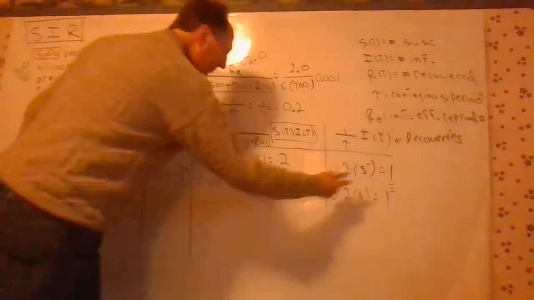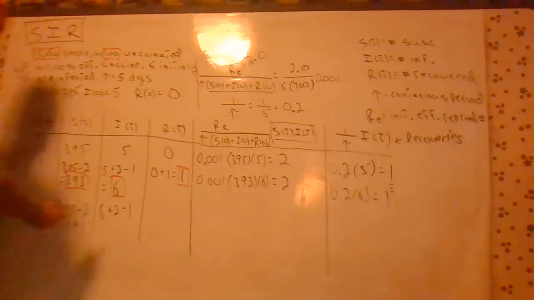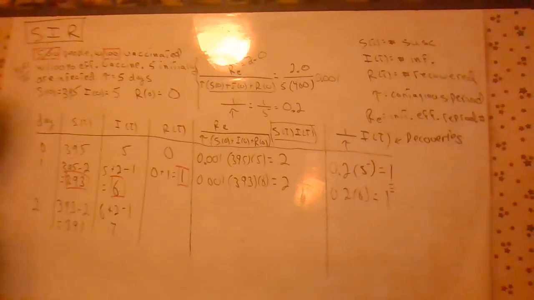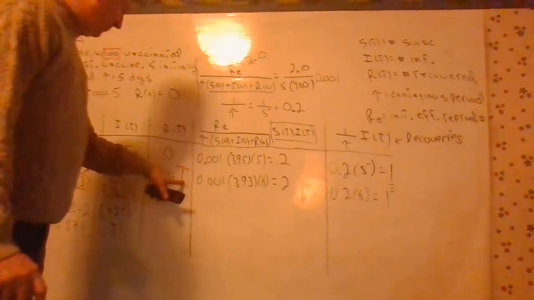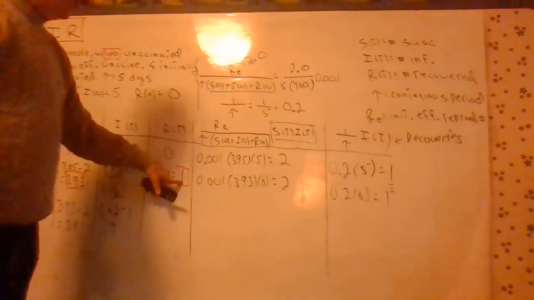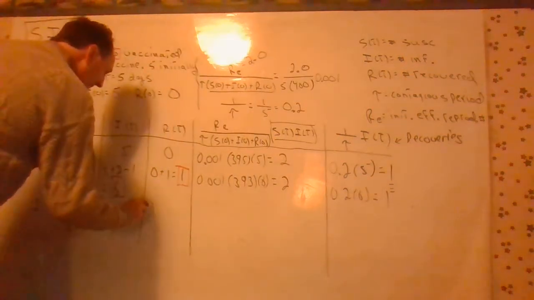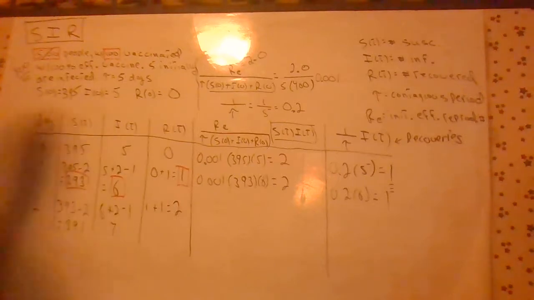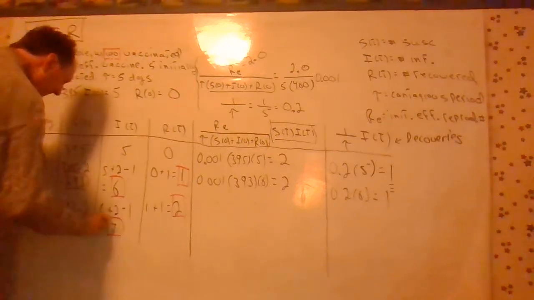It's this 2 and this 1. In the text, I draw arrows so you can see this. 6 and 2 is 8, minus 1 is 7. And the number recovered, well, we had this person still recovered. Nothing happened to them. And we have a new recovery, so we have 1 plus 1 equals 2. And there's our new state of affairs of the virus.